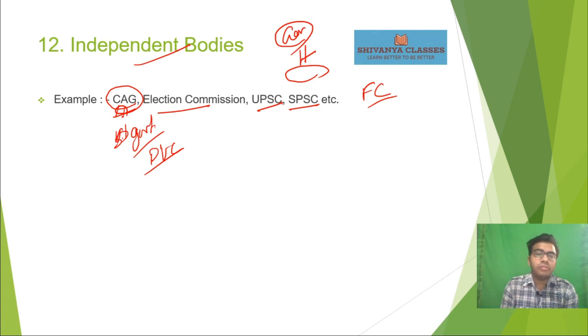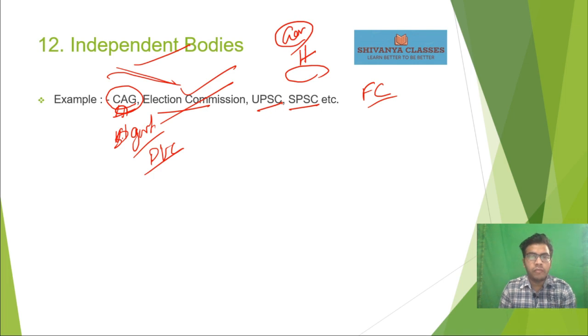Okay, the next thing, the Election Commission. What does the Election Commission do? Election Commission conducts and monitors free and fair elections in this country. This is the role of the Election Commission. The government has no interference in the work of the Election Commission. If there were interference, then what would happen?